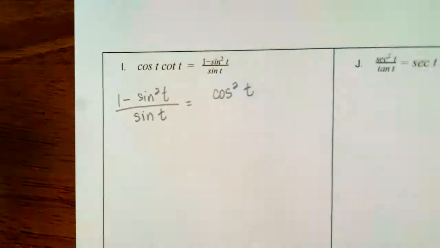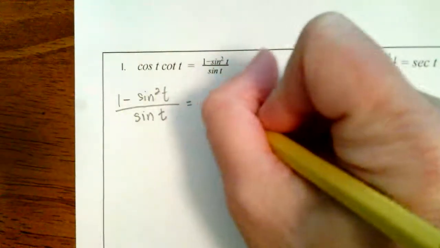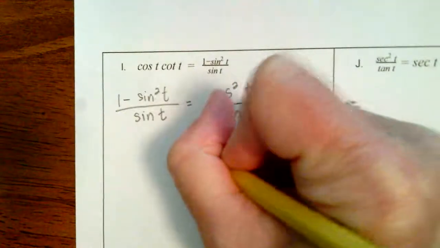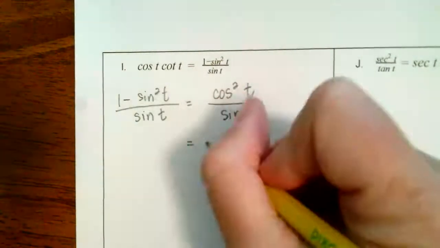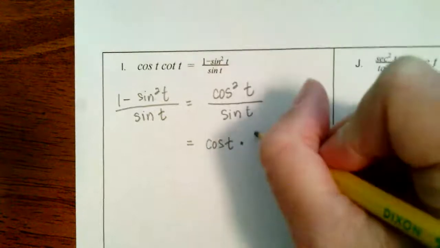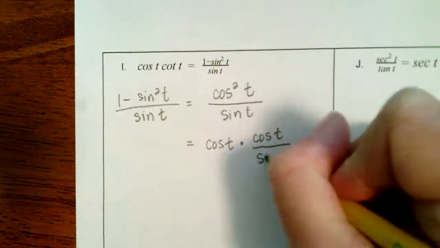Okay, if you look at those manipulated Pythagorean identities, over sine of t. And then I know I want to have a cosine t out front, so I'm going to take one of those cosines and pull it out front. And I'm left with cosine t over sine t.